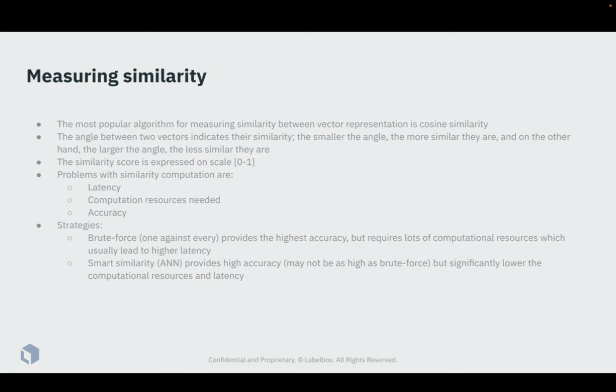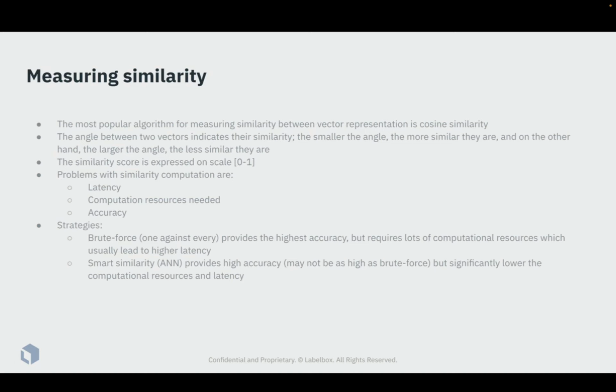And now to go back, I just want to mention a little bit more about some of the problems with similarity computation. There are the three characteristics that I have mentioned here. There's definitely more. So one of those characteristics is the latency. The similarity computation is not a super easy computation, but it's not so much about how quick it is.